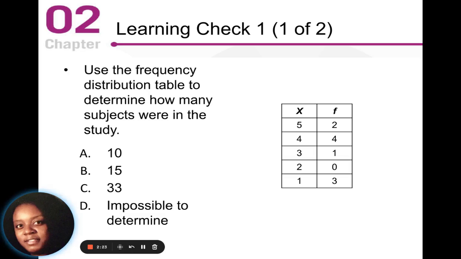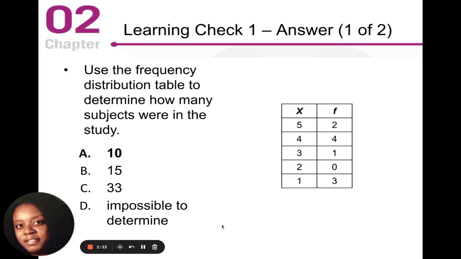I'm going to give you a few moments to figure out that answer. The correct answer is 10. If you add up all of those numbers under the f column, that will equal 10, letting you know how many participants were in the study.